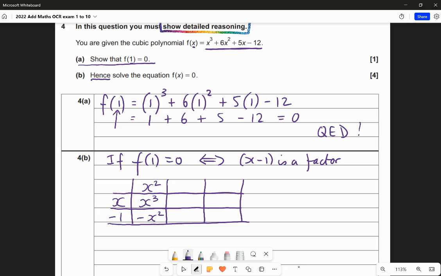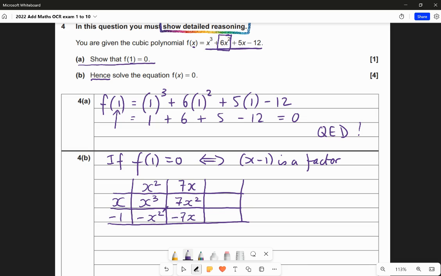In my cubic, I want 6x squared. I don't want negative 1x squared. So I need another 7x squared, so that together these two terms will combine to make 6x squared. Which means up here I need 7x, because 7x multiplied by x will give me 7x squared. So I can fill in a little bit more. Negative 1 multiplied by 7x is negative 7x.